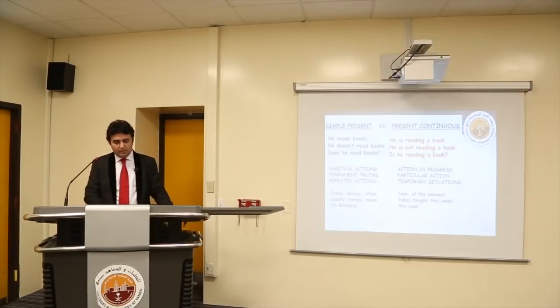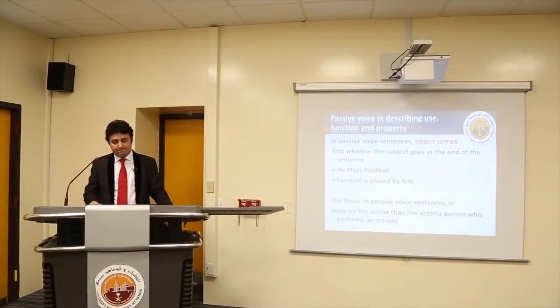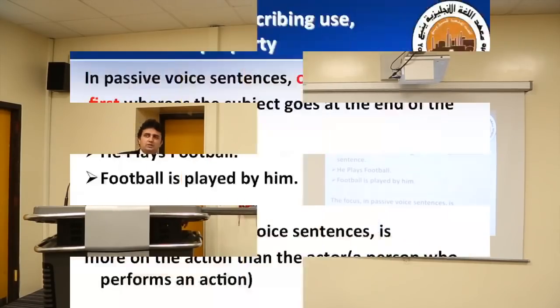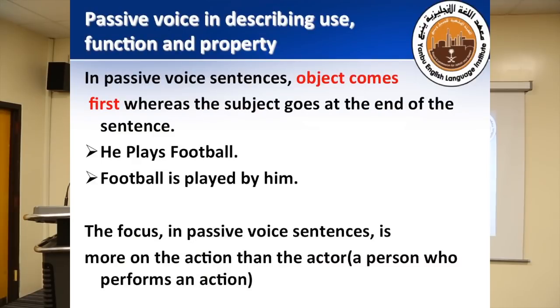Our next learning objective, and our last learning objective which I'm going to summarize, is passive voice. What is passive voice? We talk about active voice and passive voice. In active voice sentences, the subject comes first, whereas in passive voice sentences, the object comes first.